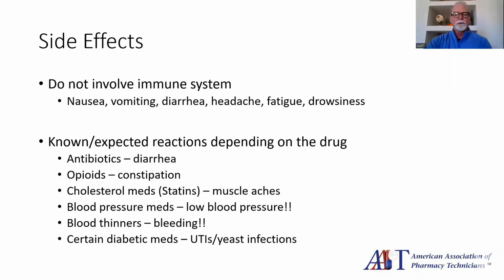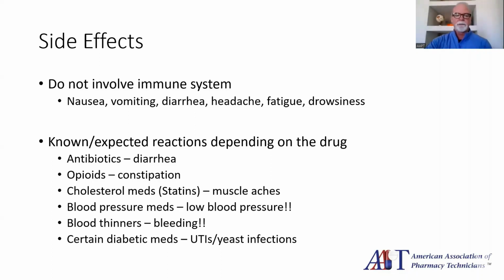Some known or expected reactions, some examples. There are a lot of medications that we prescribe that we know will likely have common side effects. So it depends on the medication. For example, antibiotics, a lot of them can cause diarrhea.